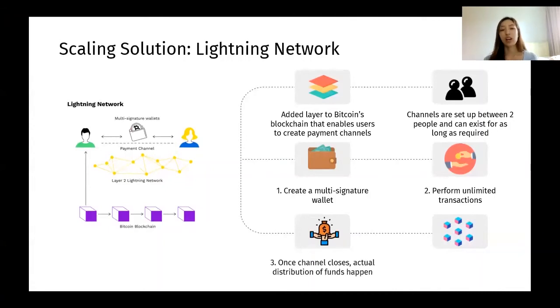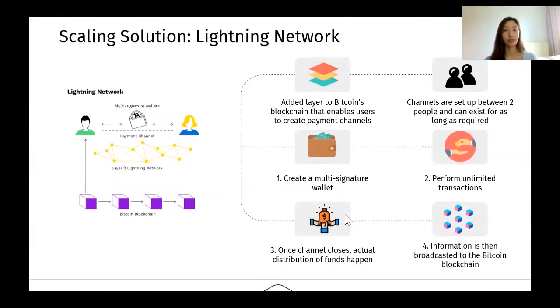The actual distribution of funds happens only when the channel gets closed, and then the algorithm uses the most recently signed balance sheet to determine who gets what, and this information is broadcasted to the Bitcoin blockchain. So in short, the Lightning Network allows users to conduct numerous transactions outside of the main blockchain and then records them as just one, where you don't have to keep a record of every single transaction on the blockchain.